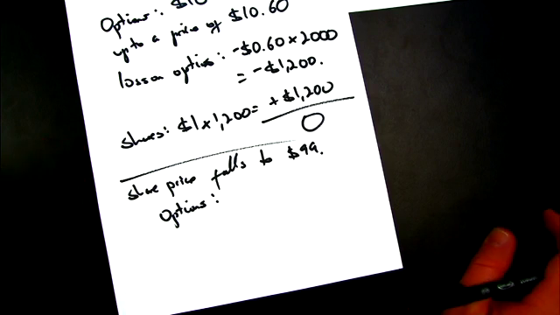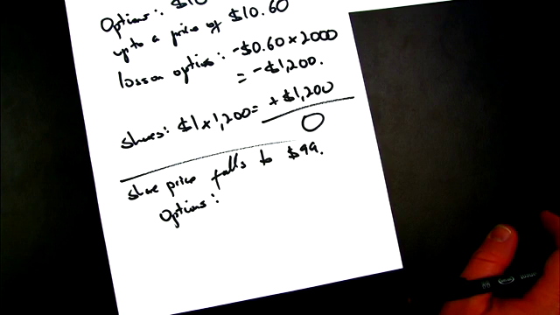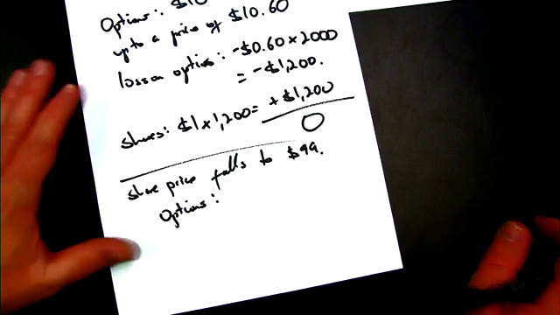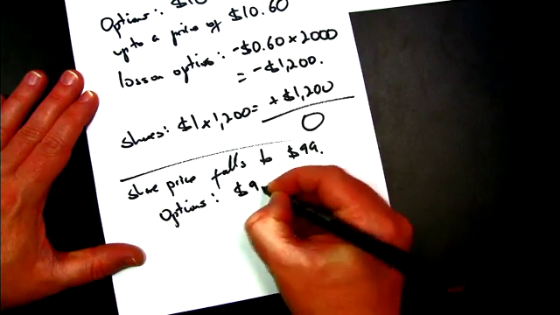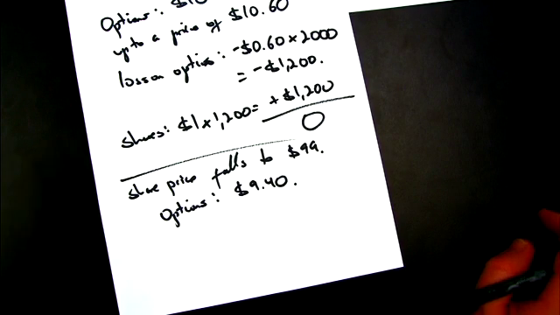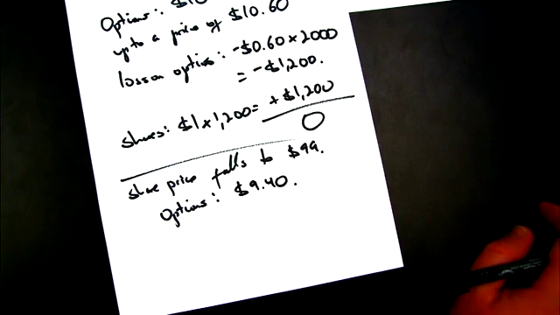Let's imagine I've gone from $100 to $99. Your options will have fallen by how much? 60 cents. So they'll be worth $9.40. You've gone from $100 to $99. They've fallen $1, so the option price has fallen by 0.6 of that amount. They've dropped by 60 cents.